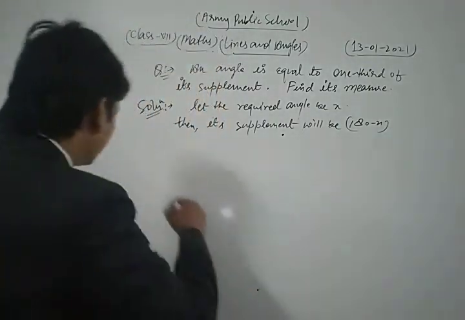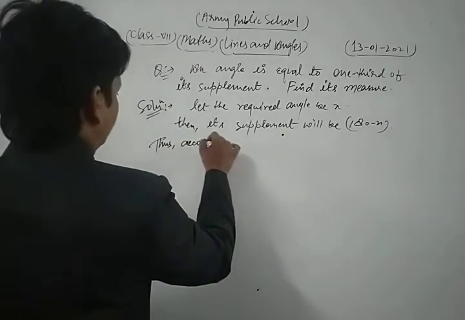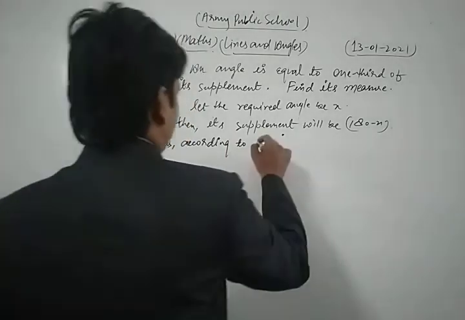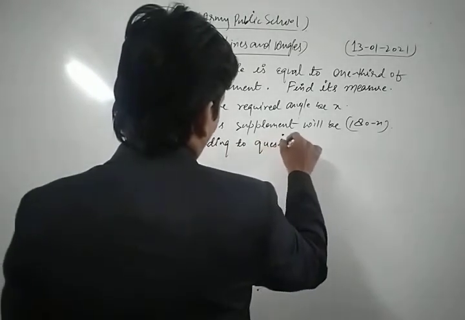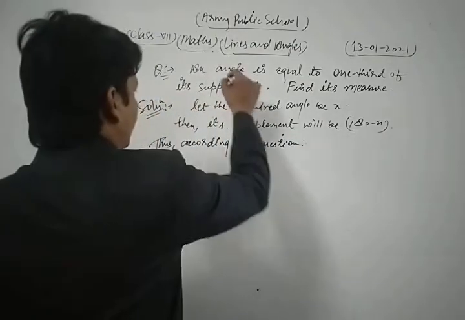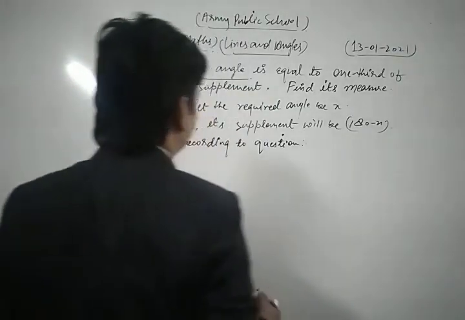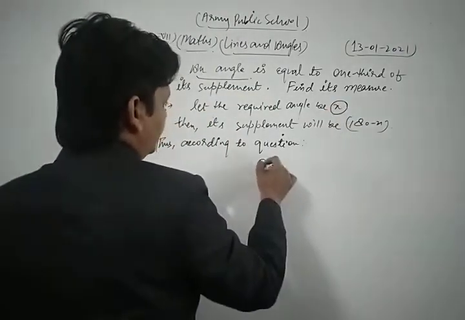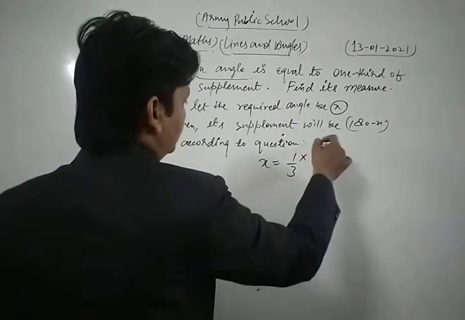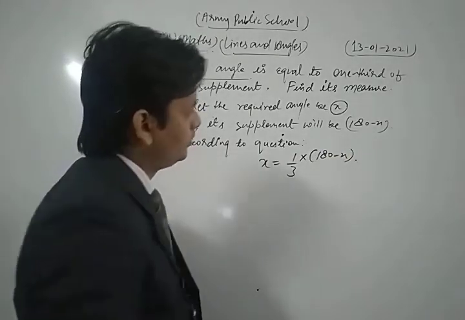Now, according to the question, an angle is equal to 1/3 of its supplement, which means the angle is x, and 1/3 of its supplement is (180 minus x)/3.